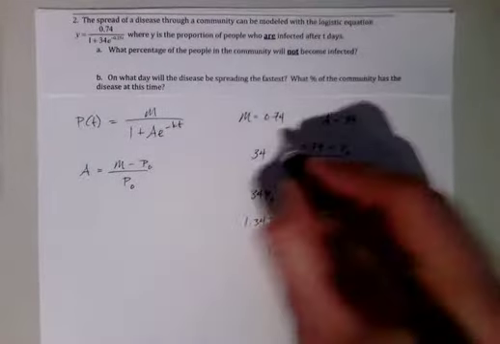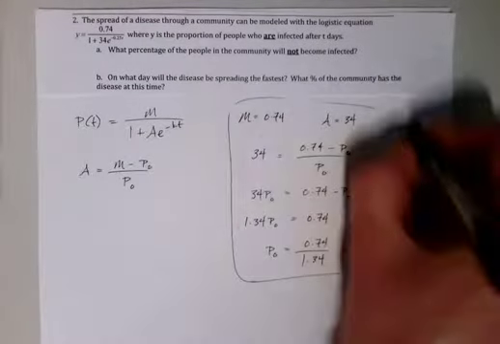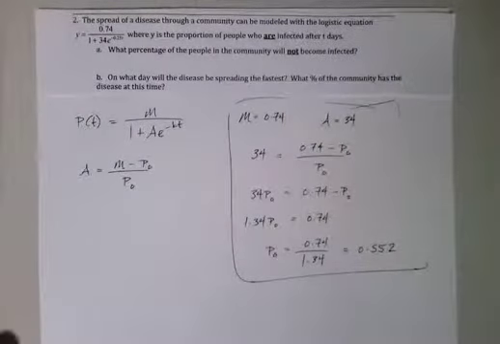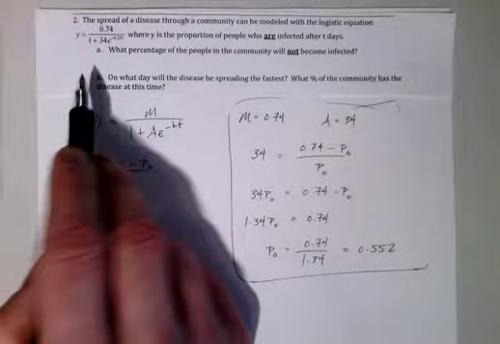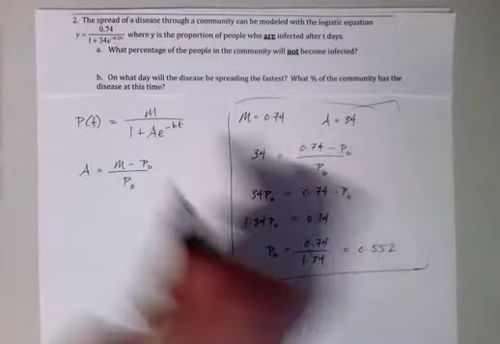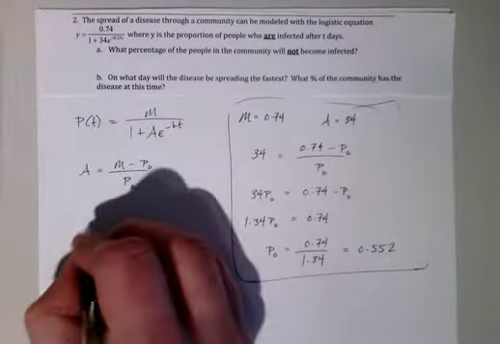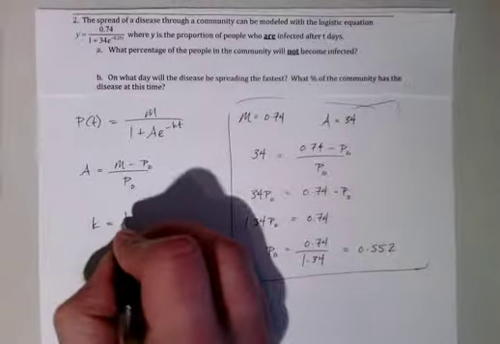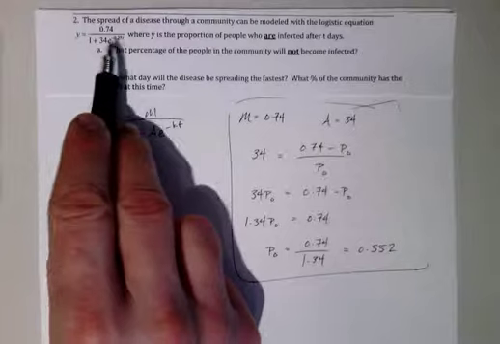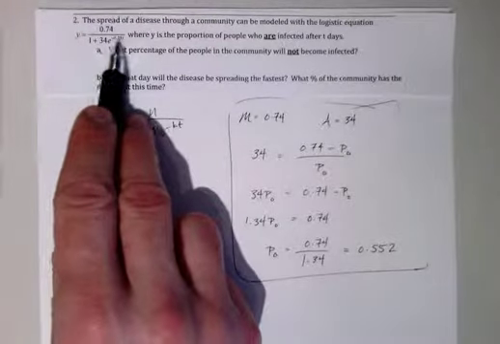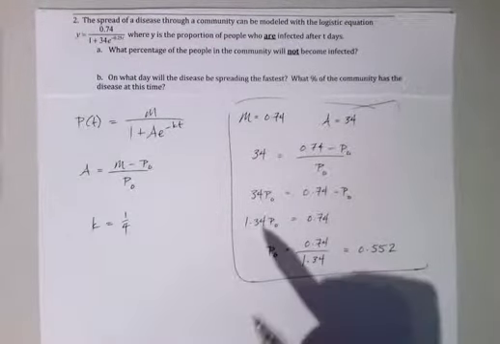I mean, this right here was just for fun, just because you want to be able to identify the components of that particular equation if you're asked for them. So you have M, you have A. I mean, you could have recognized K as 1/4, right? Because K is that negative coefficient right there in front of T.